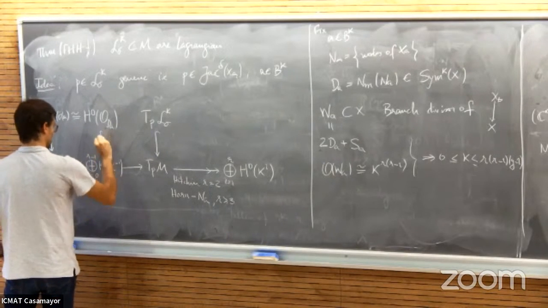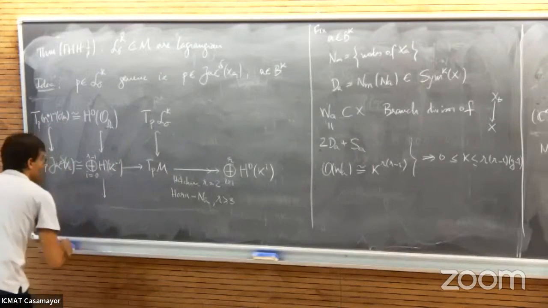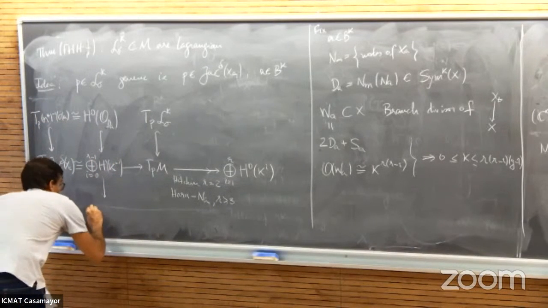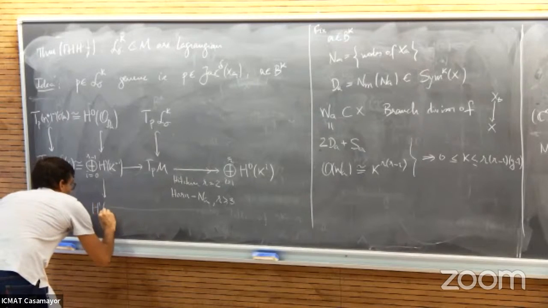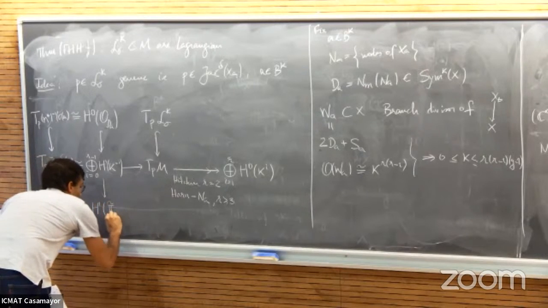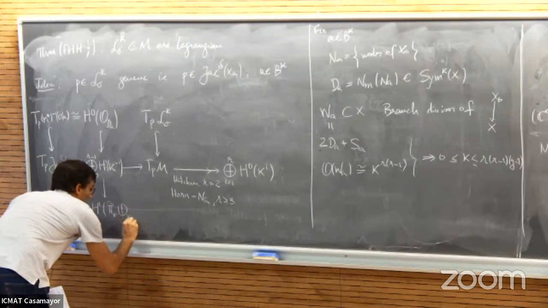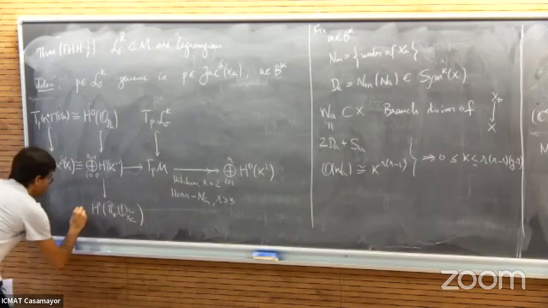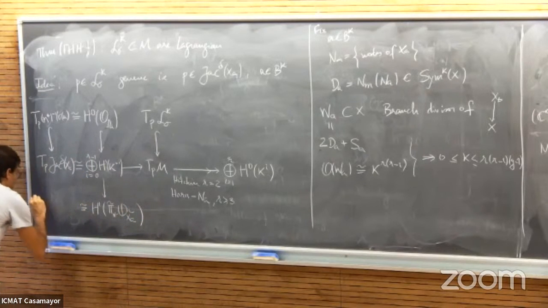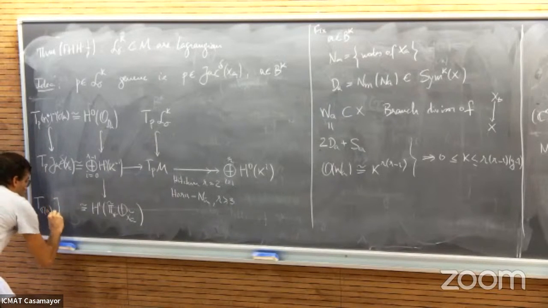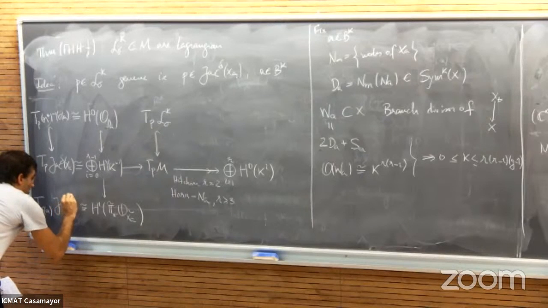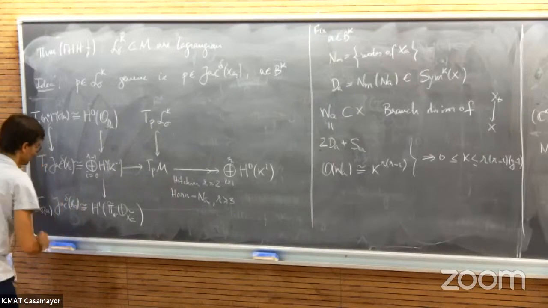I have an inclusion here, and a map which is H1 of O of X_A tilde, and this is the tangent space to sigma of A of the Jacobian of the normalized spectral curve.